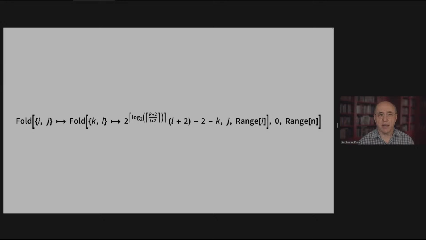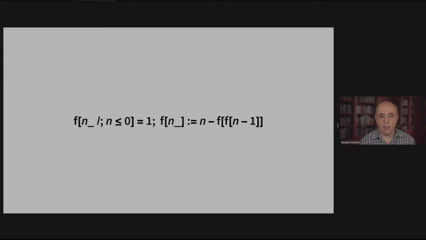And this raises yet another question. Are all definitions we can give of nestedly recursive functions consistent? Consider, for example, a definition like this. Now ask, what is f of 1? Well, we apply the recursive definition, but this gives us f of 1 is 1 minus f of 0, or f of 1 is 1 minus f of 1, or in other words, an inconsistency.